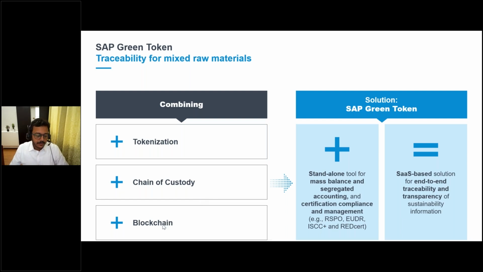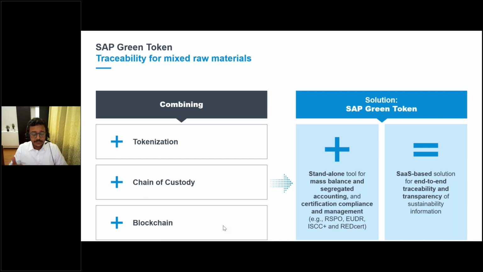And the third aspect is the blockchain, and this is where Green Token is using an Ethereum backbone based blockchain to really capture all of these tokens in the blockchain, and that gives a certain level of auditability, that companies cannot just edit the data, and all of the data can be traced back to where it originated.